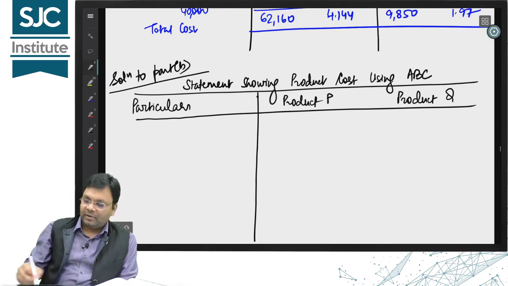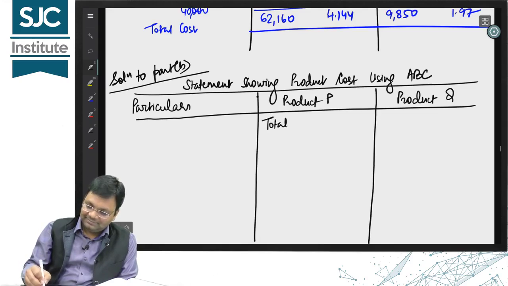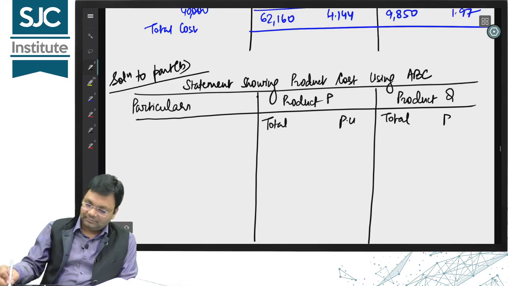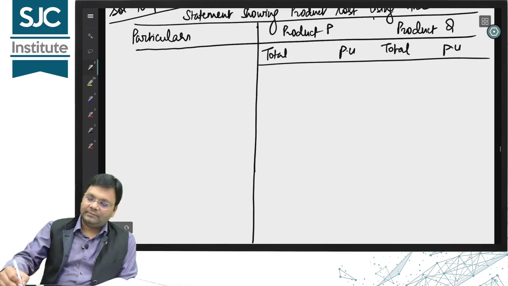Particulars: product P, product Q, total and per unit.